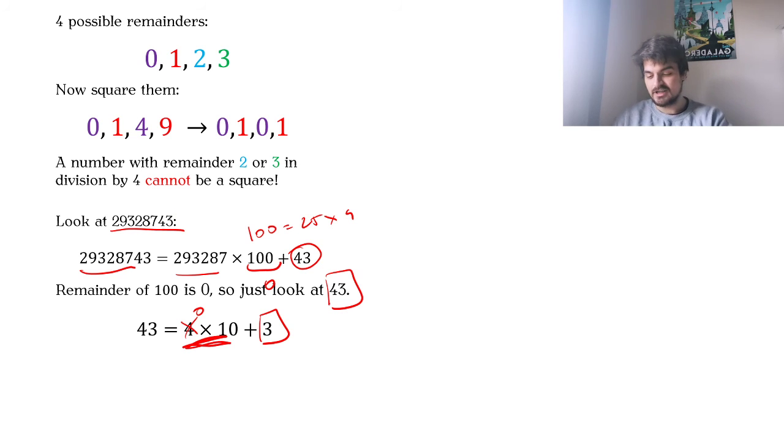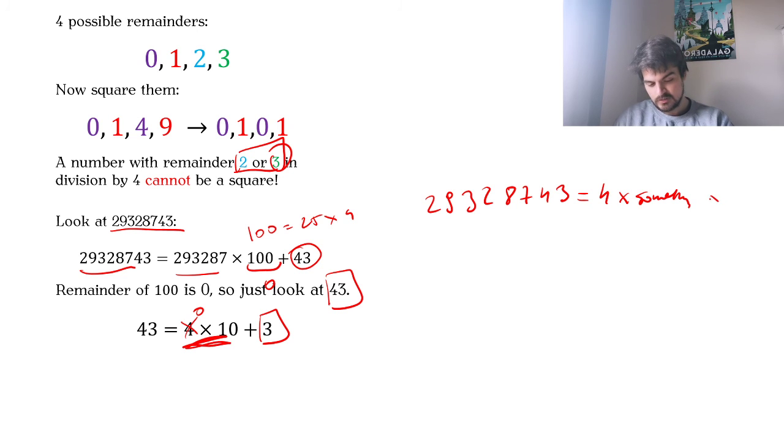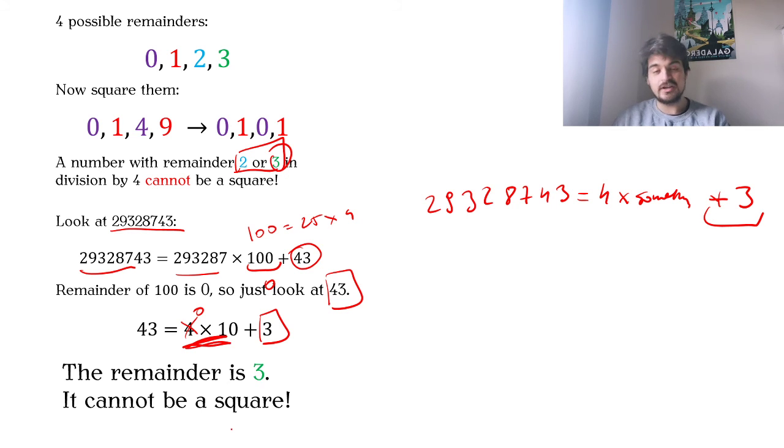Like we just said, a number with remainder 2 or 3, in this case 3, cannot be a square. We can write it as this big number is 4 times something plus 3, and that plus 3 tells us that it cannot be a square.